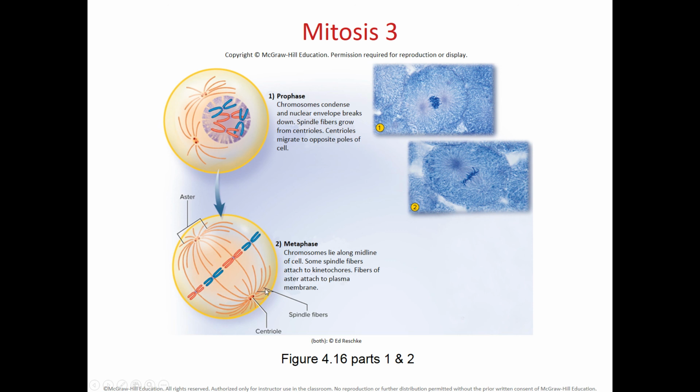These are called spindle fibers, and this whole structure is called an aster. This is how it looks in the actual view of a cell with light microscopy. Here you have your metaphase plate, which is the name for the alignment of the chromosomes at the equator.